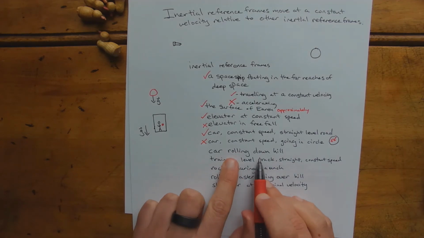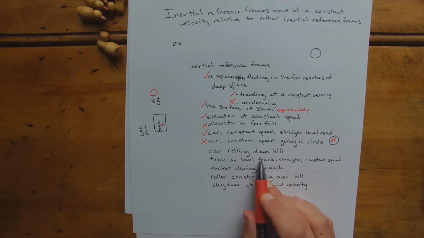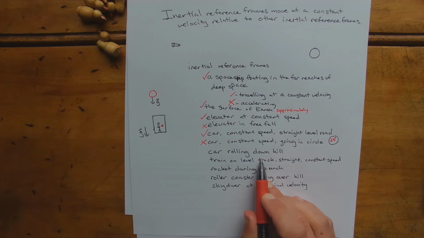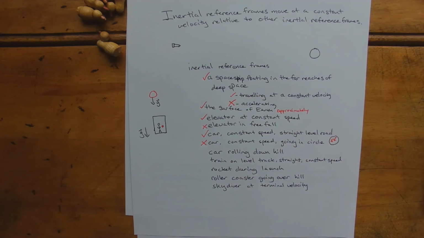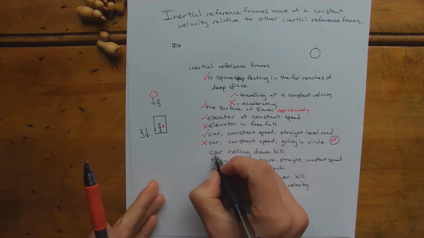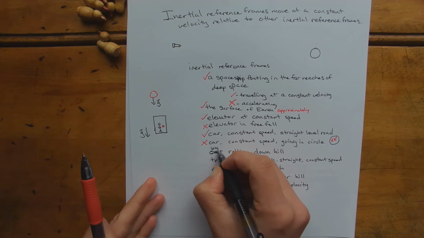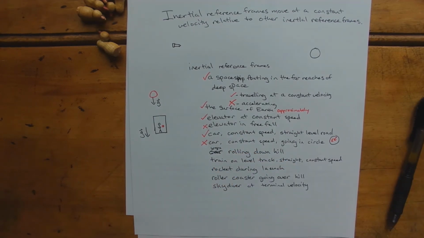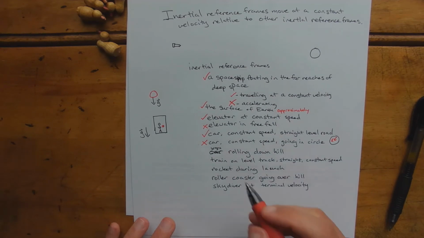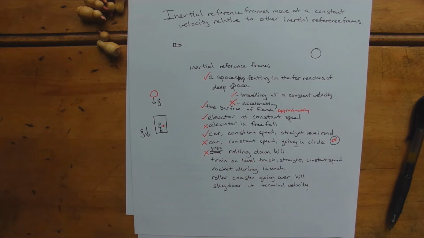If you have a car rolling down a hill, so this one you would need a little more information. I think rolling down a hill, by that I just mean that maybe we shouldn't make it a car. Maybe we should make it like a wagon rolling down the hill. That'd be easier. Because a wagon rolling down a hill, like if you just let go of it and it rolls down the hill, it would be speeding up as it goes down the hill, so that would not be constant velocity.